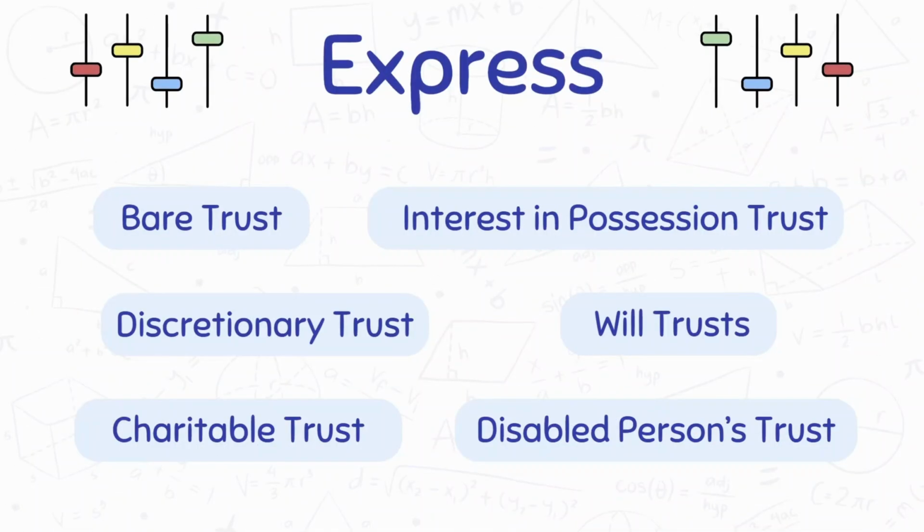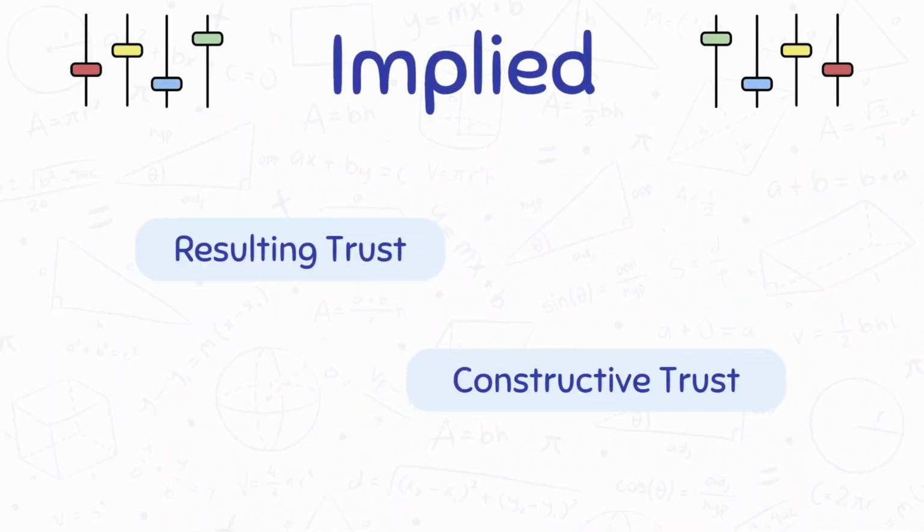So, very quickly, some examples of express trusts include bare, discretionary, charitable, interest in possession, will, and disabled persons trusts. Then, within implied, you have resulting and constructive. We will get into what all of these actually mean in upcoming presentations, so don't worry about them for now, one step at a time, right?